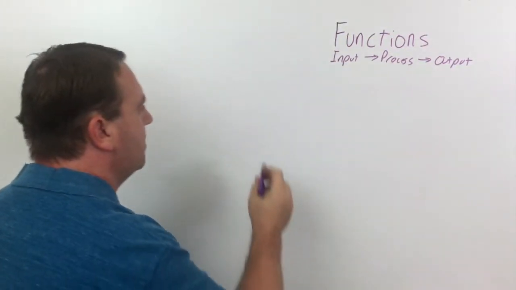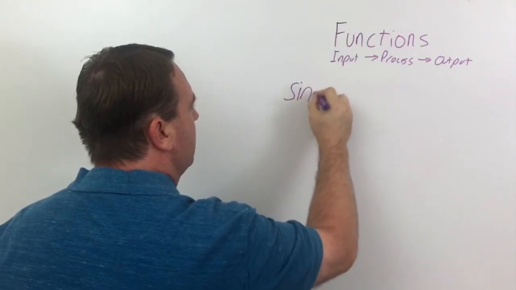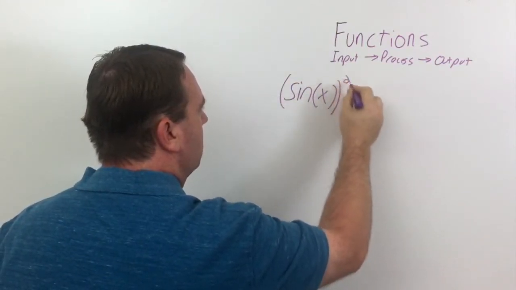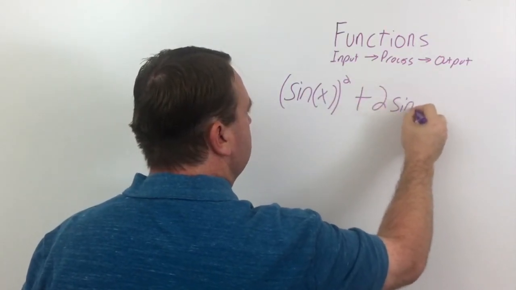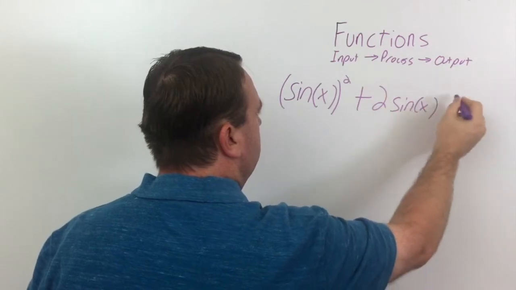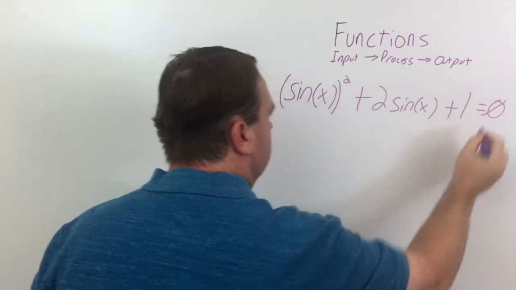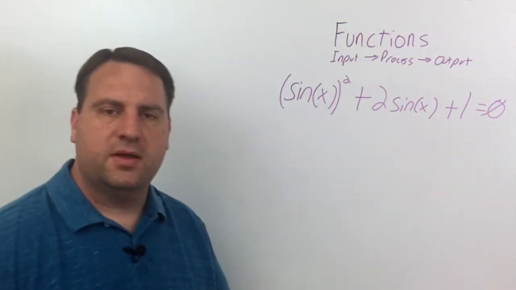So let's say we had the equation sine x squared plus 2 sine x plus 1 equals 0. Now take a look at that for a minute. Does it remind you of something?